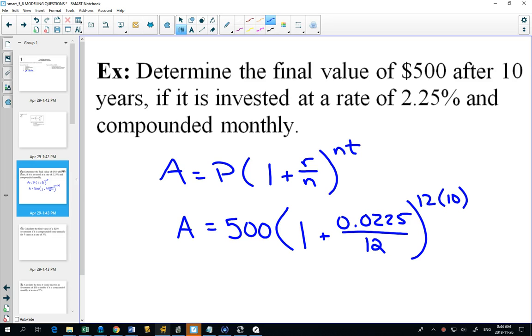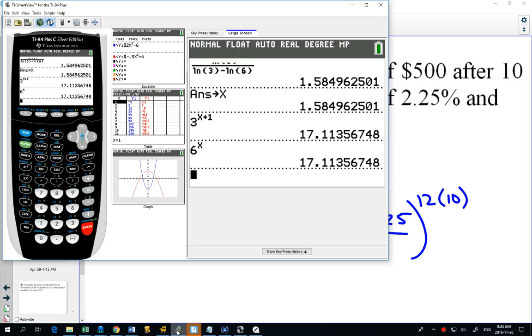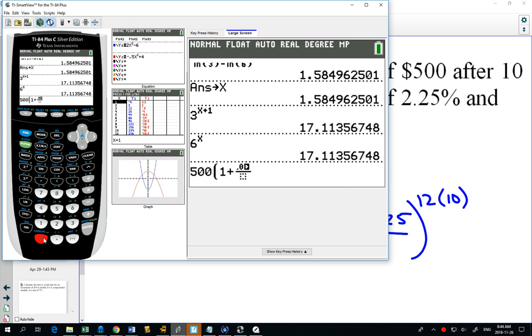It's not an exponential. We do not need to use logarithms. In fact, we can type this entire thing into our calculator all at once. So 500, just as we see it, bracket 1 plus 0.0225 divided by 12.